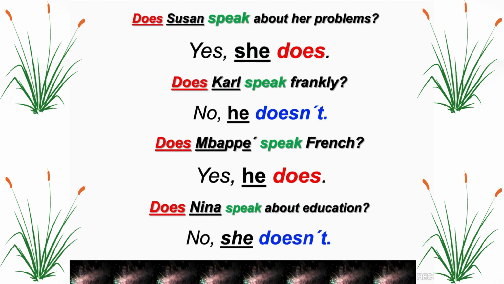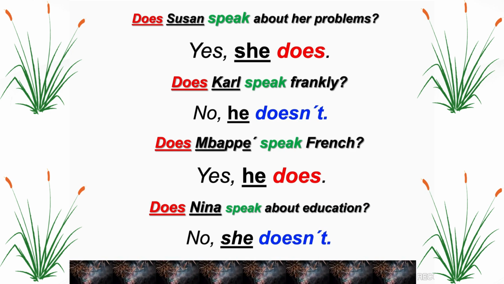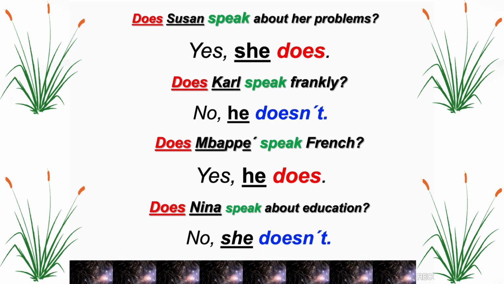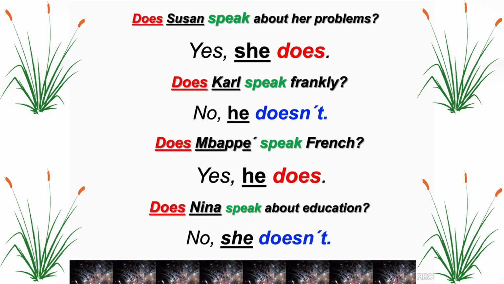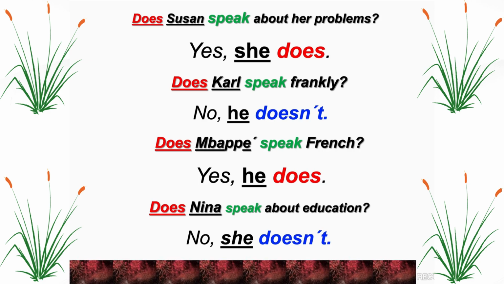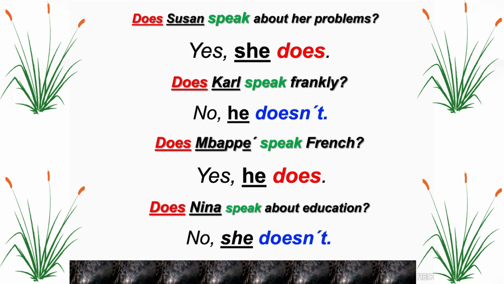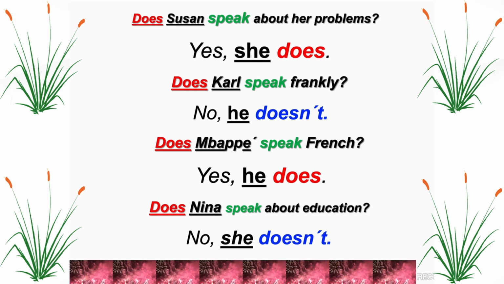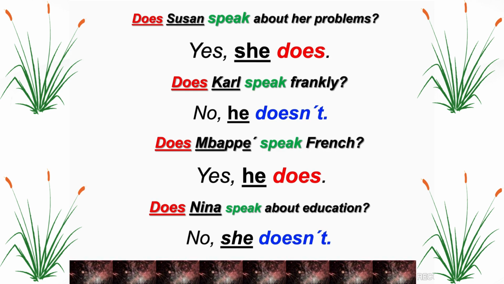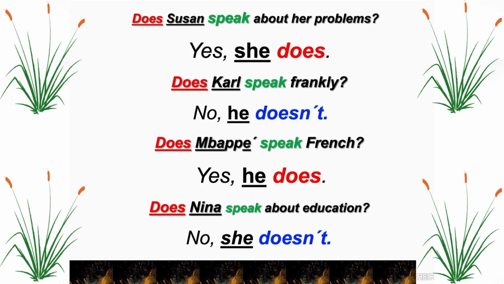Does Susan speak about her problems? So Susan means she. Does she? Yes, she does. Does Carol speak frankly? So Carol, it means he. Does he speak frankly? No, he doesn't. Does Mbappe, Mbappe, it means he.